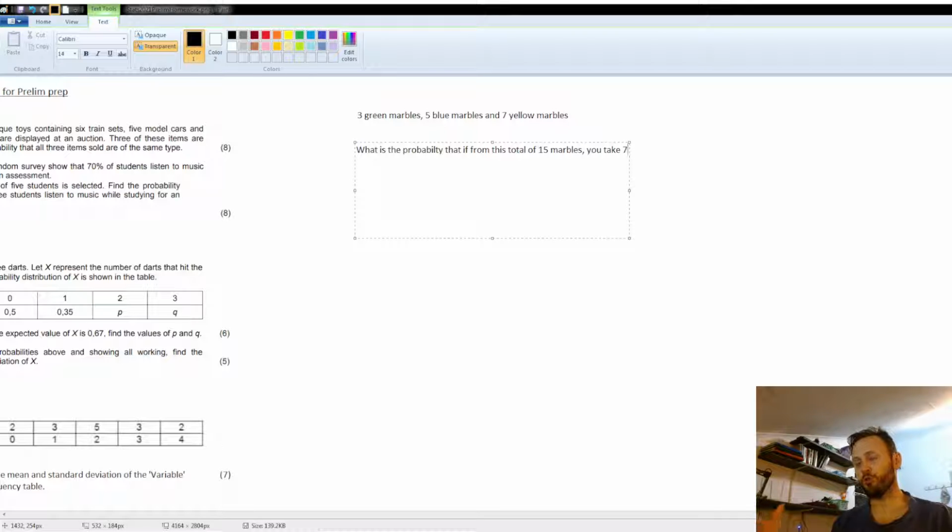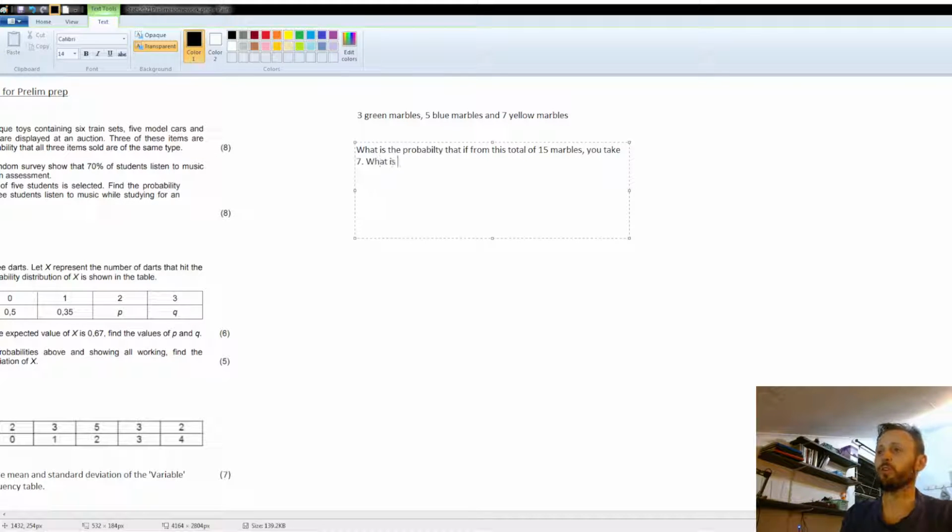You put all 15 together, so the 3 green, the 5 blue, and the 7 yellow, into a big jumble, mix them up, and you take 7 out randomly. In that 7, and this is always how hypergeometric probabilities work, it's always in the choice you make, which in this case is a 7, how many have a certain property.